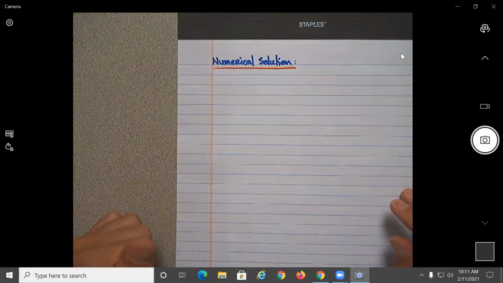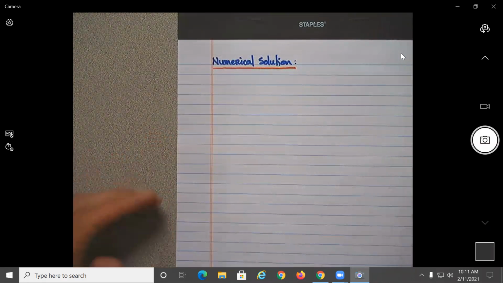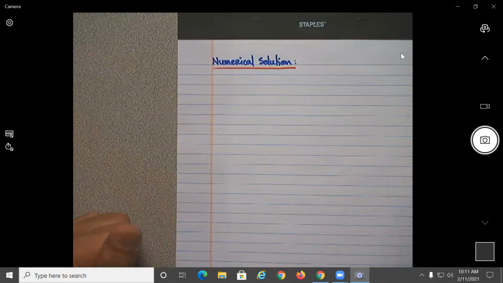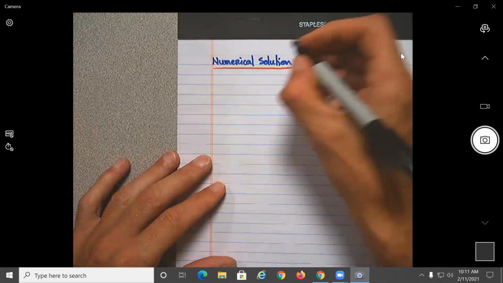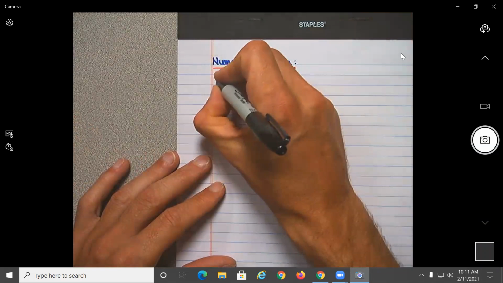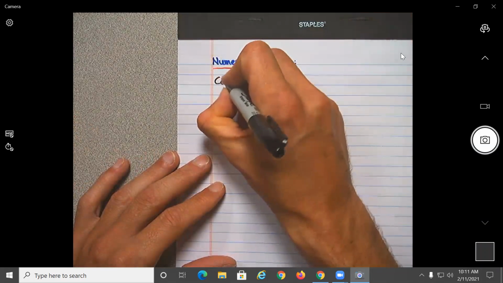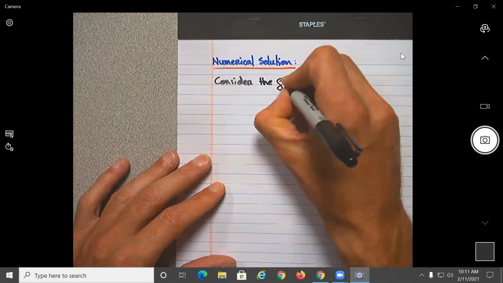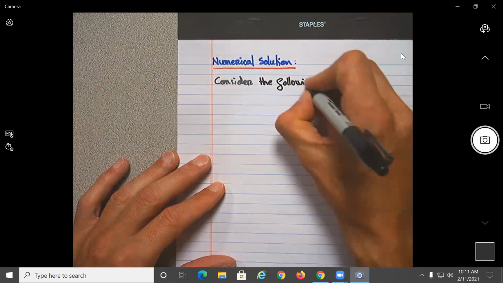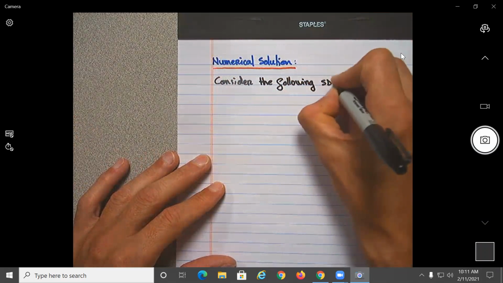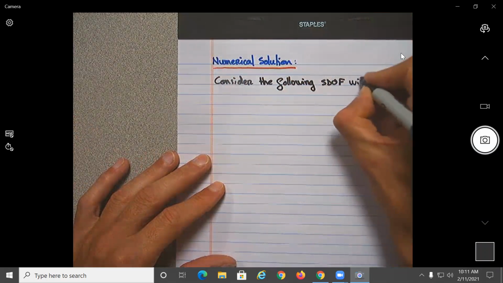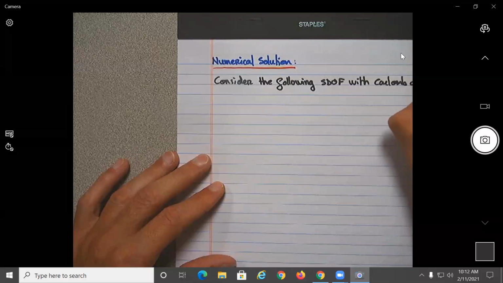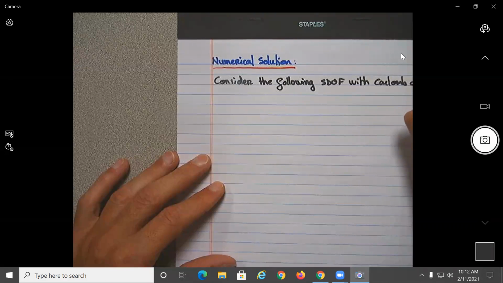All right, so I think the best option here, instead of doing everything theoretical, is just to do an example right away, so you have something concrete, all right? So consider the following single degree of freedom system with Coulomb damping.